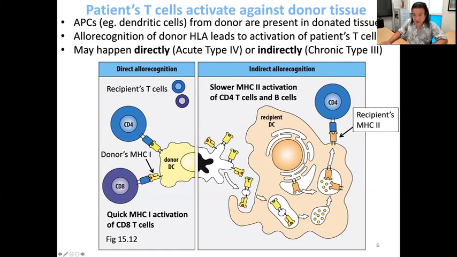So it picks up the MHC that comes from the donor and processes it. The yellow dot then represents peptides that come from the donor's MHC. The recipient's dendritic cell does its normal job of loading up those little yellow dots on MHC2, and now it's displaying the yellow dot on MHC2.